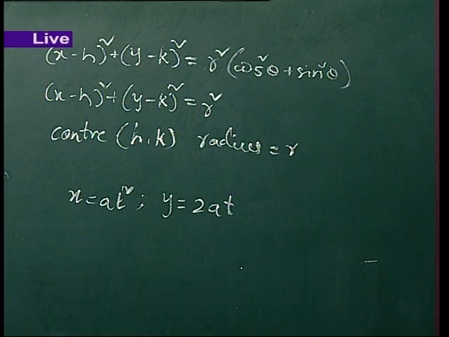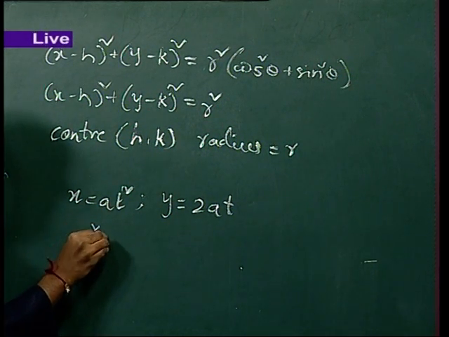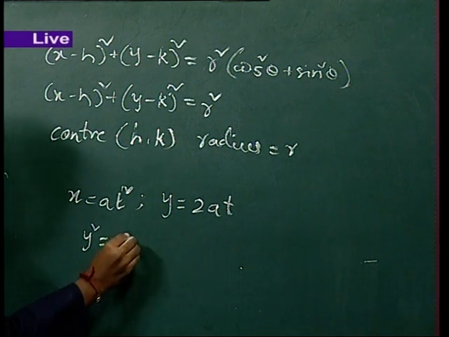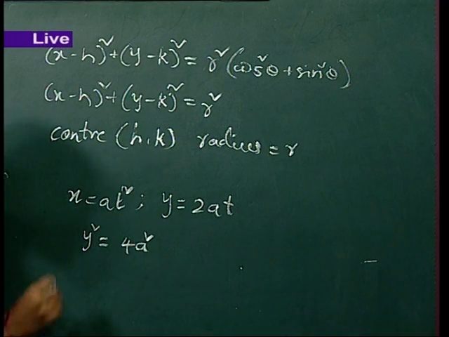Friends, if we square both sides of the y equation, we get y square is equal to (2at) whole square, which means 4a square t square.